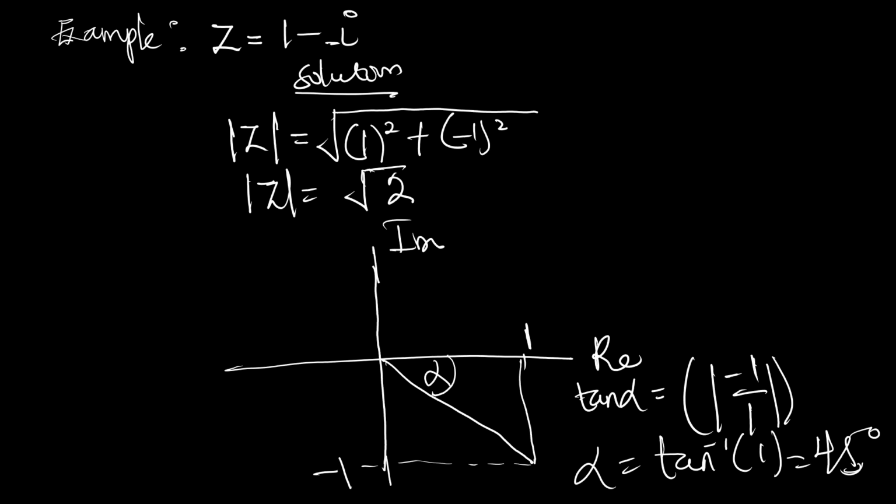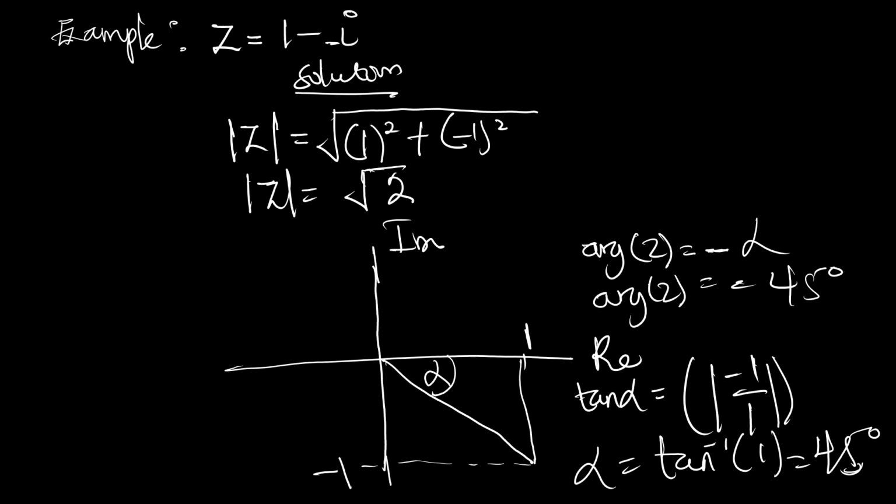So it should be taken from the fourth quadrant, where we said the argument is the negative of alpha. So in this case, arg z is going to be negative 45 degrees. So here we can say that we have the modulus of square root of 2, then the argument of negative 45 degrees.